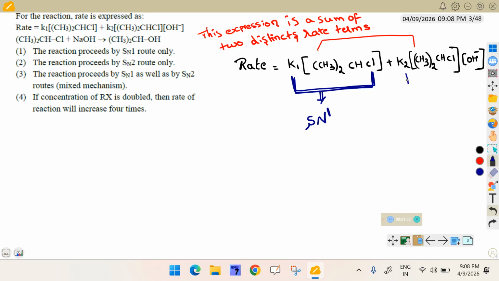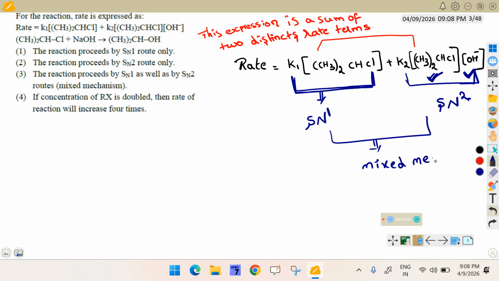In the second part, the rate depends upon alkyl halide as well as nucleophile, so it follows the SN2 mechanism. Overall, this expression follows a mixed mechanism. Based on that, the third option is correct.